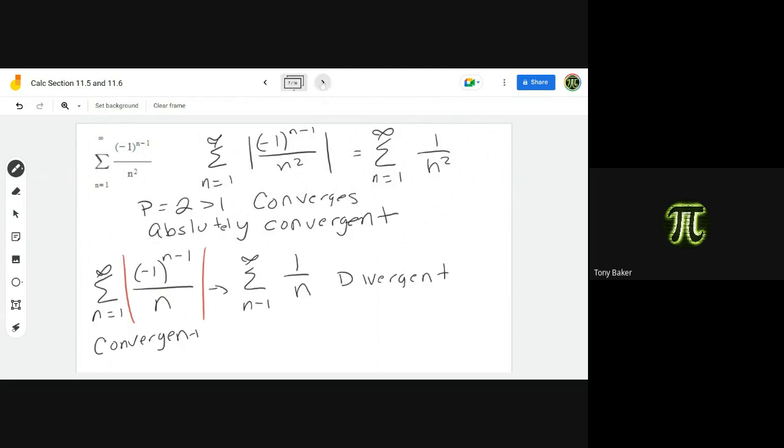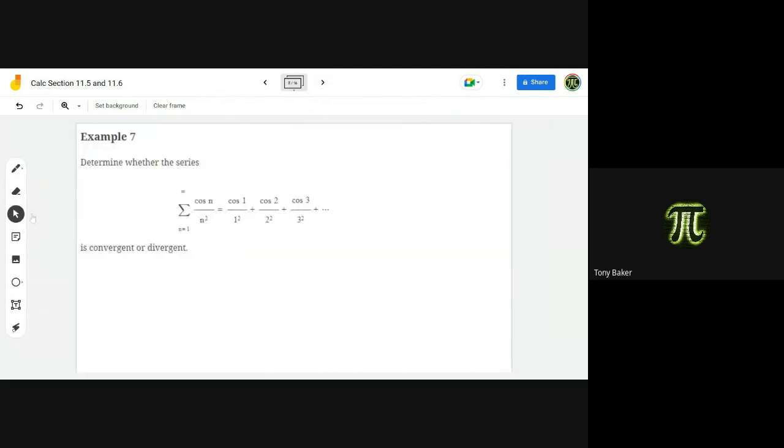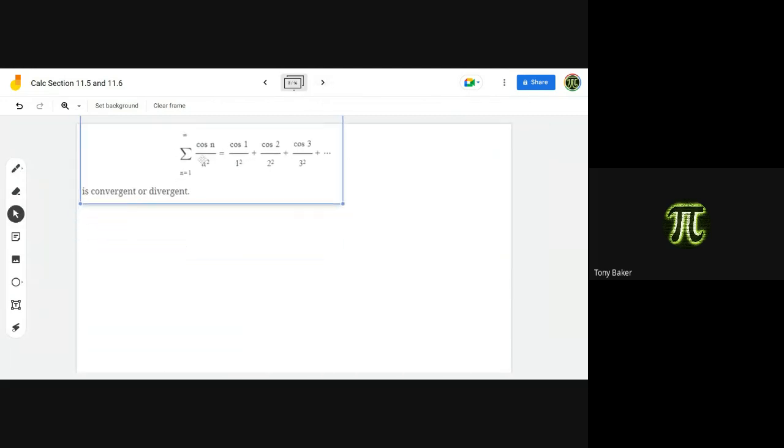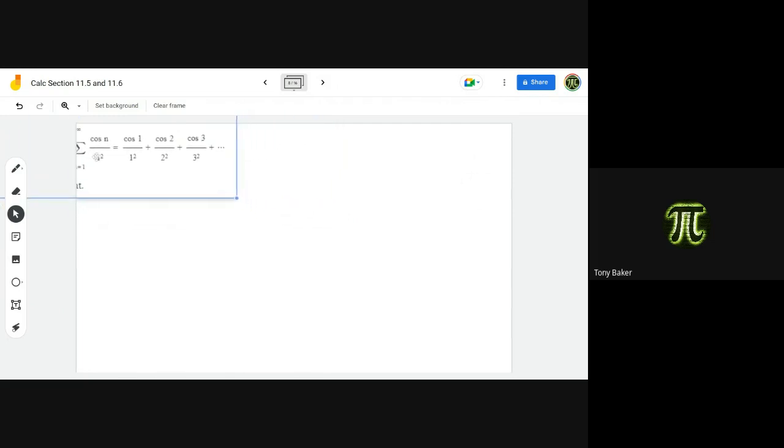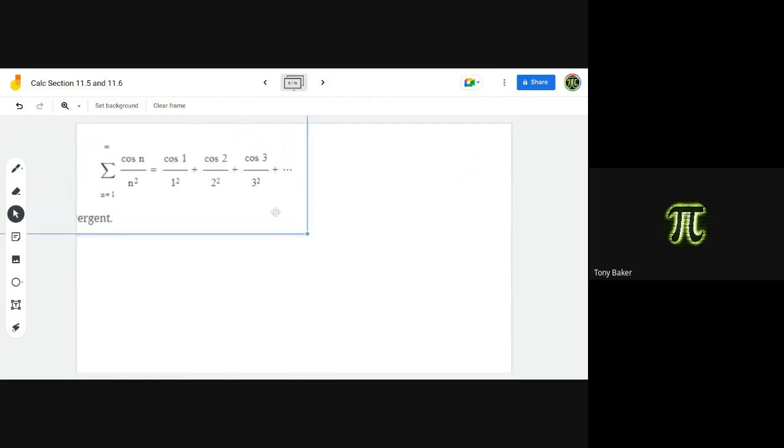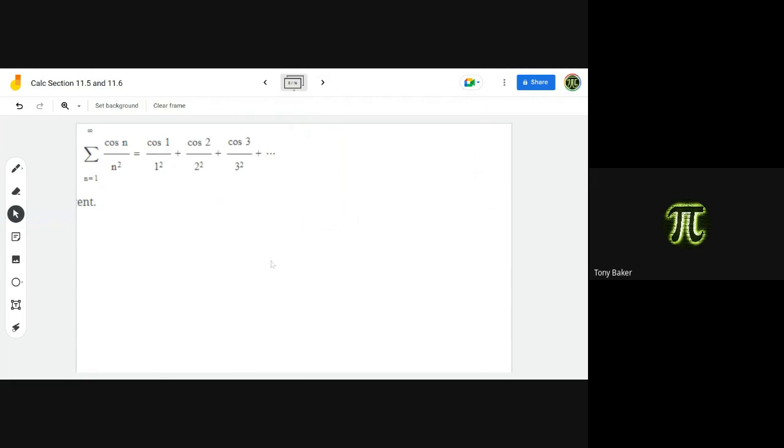Let's try this one. We're talking about the cosines. So let's look at this one.